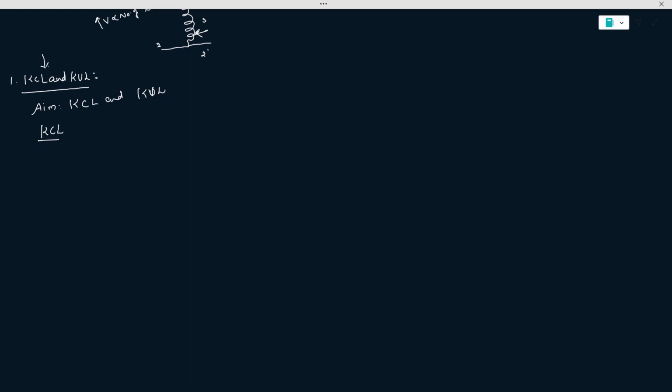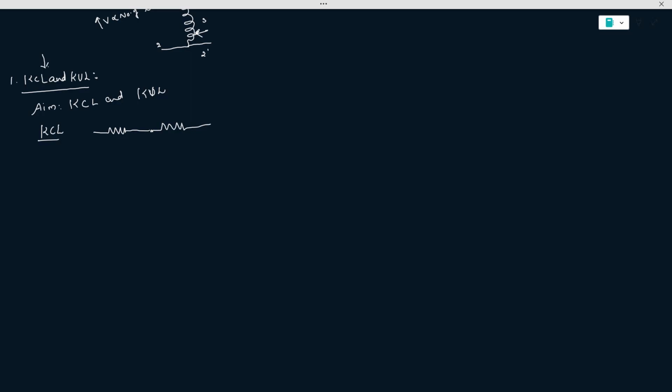If I say sum of incoming, sum of outgoing, it means there should be a junction point. So to form a junction, we require at least two elements, otherwise we can't get any junction. So with a basic element, a resistor, I am forming a junction like this.